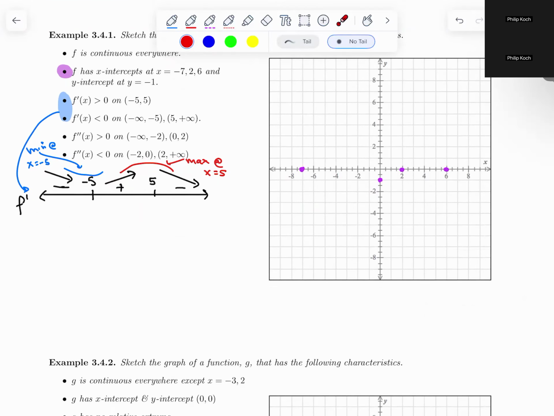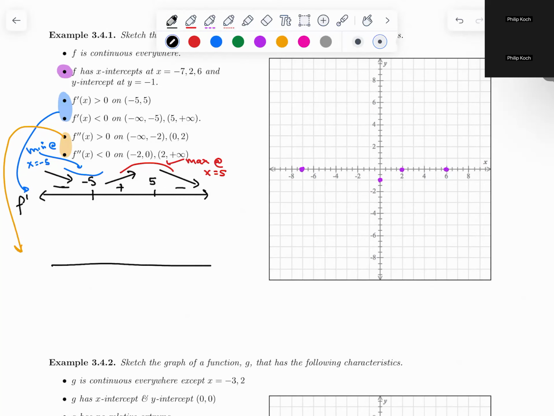Then we'll take this second bit of information and use that to create a sign chart for our second derivative, but this time with -2, 0, and 2. So from -infinity to -2, it's greater than 0.